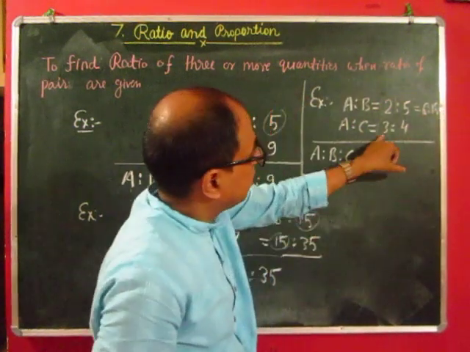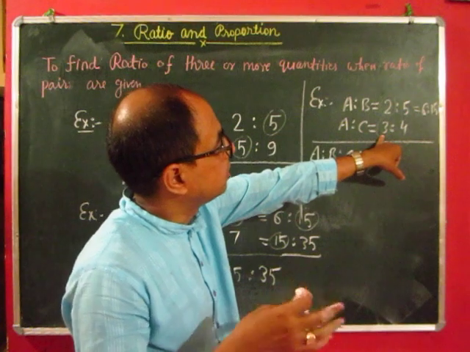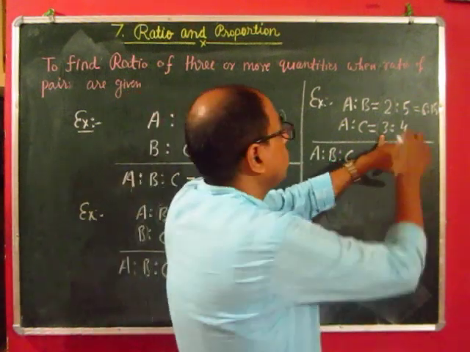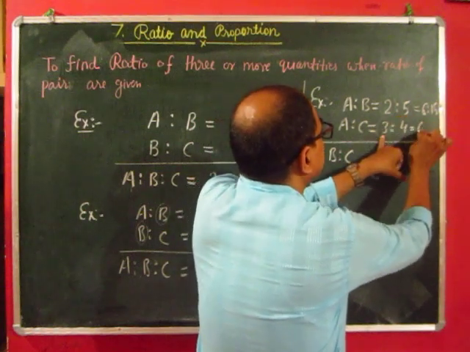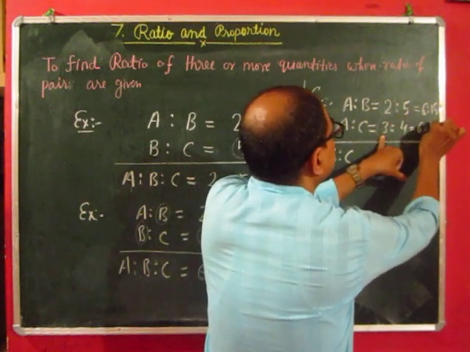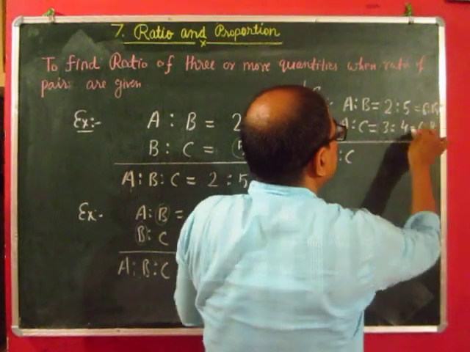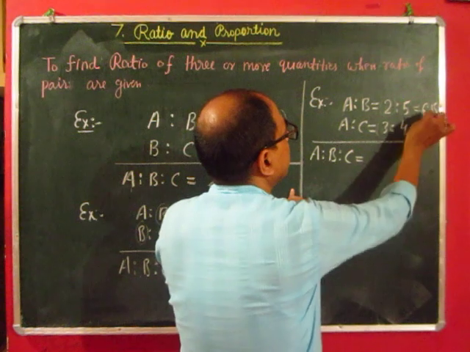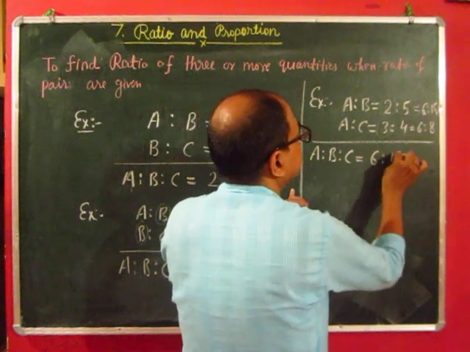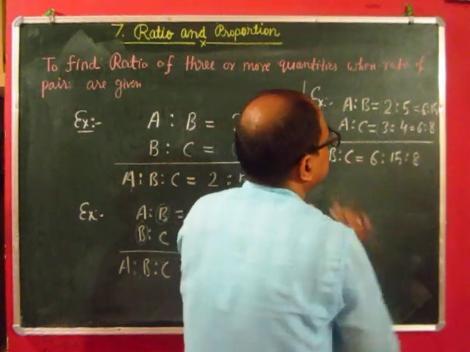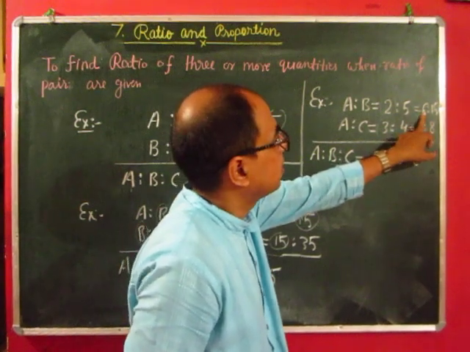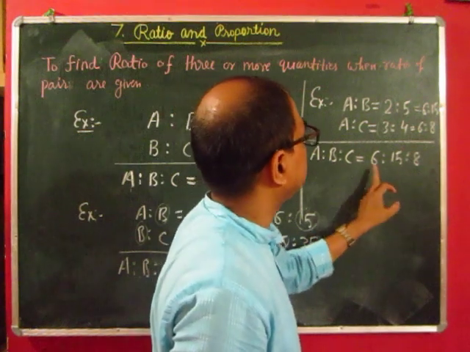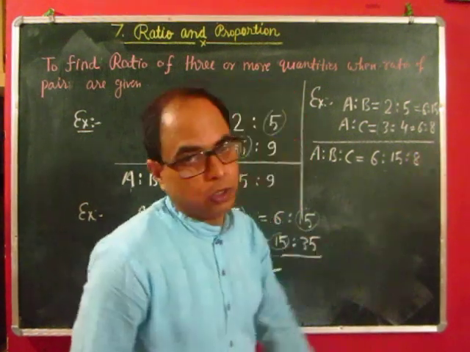Now you have to convert this 3 into 6, so you multiply by 2: 2 times 3 is 6, and 4 times 2 is 8. Now these two are equal. So A is 6, B is 15 and C is 8, and the ratio of A, B, C will be 6 is to 15 is to 8.